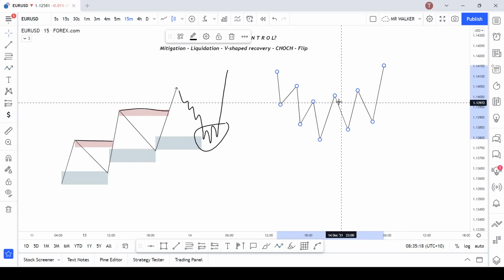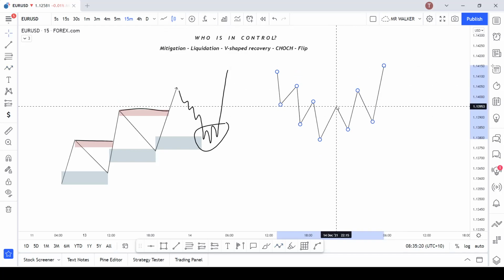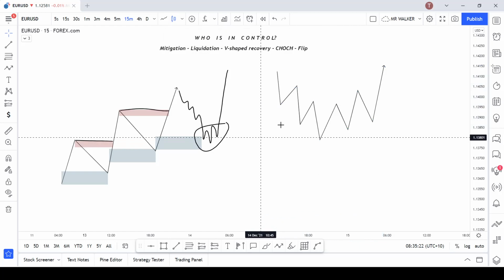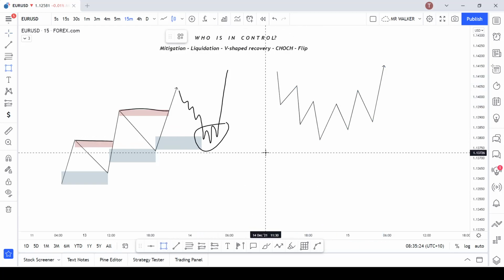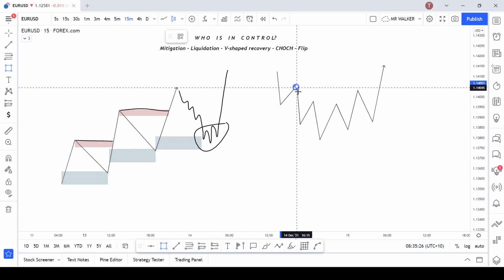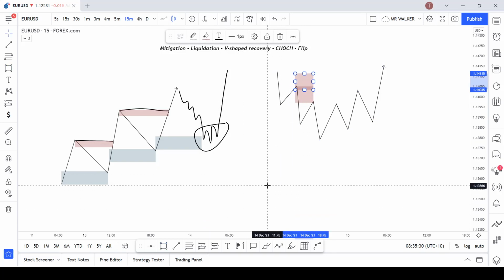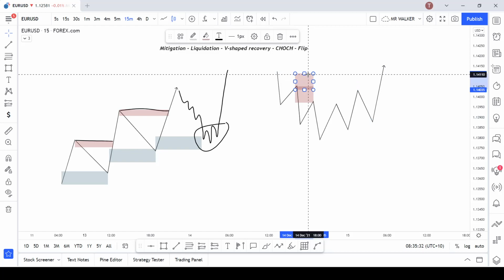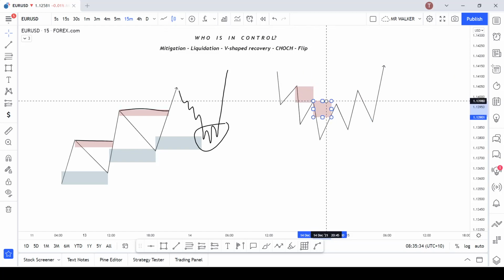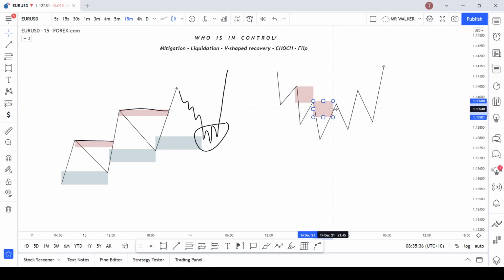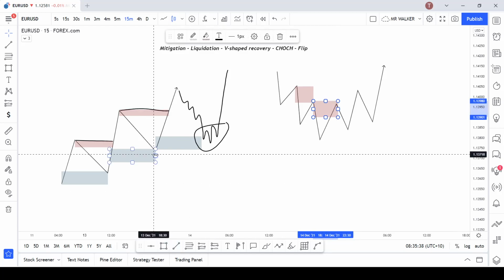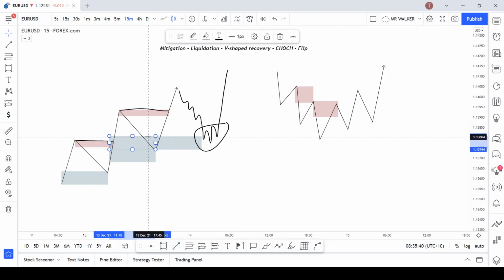Let me finish doing that. Okay. Right. So we have our supply controlling environment, right? This is our supply holding and once again breaking the demand, right?